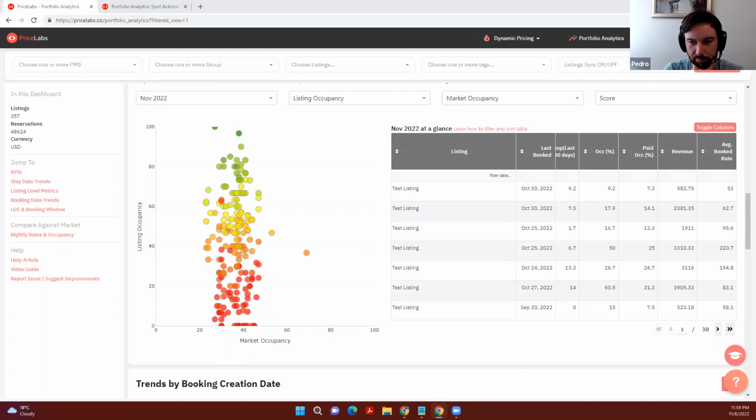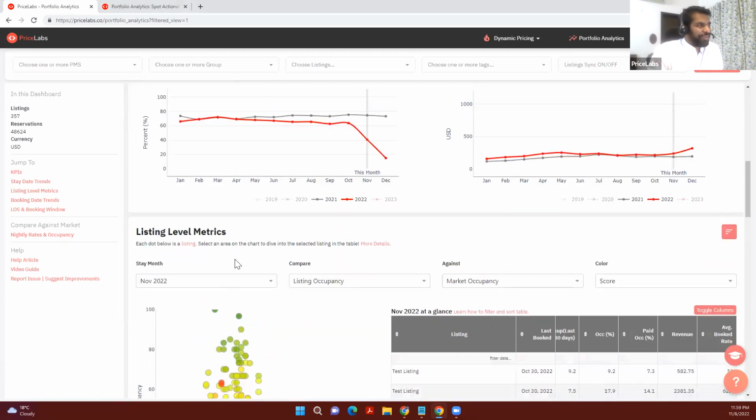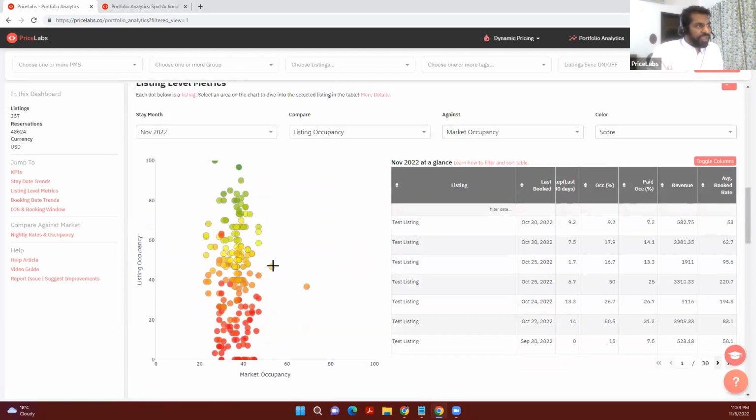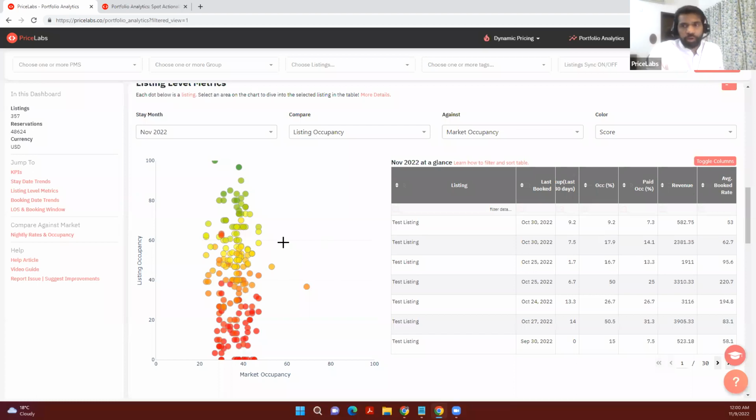Yeah. Got it. Cool. Let me quickly dive into the listing level metrics graph. This is complicated, but an extremely powerful graph. I only recommend this if you have decently large portfolios. What you're looking at here is listing occupancy. Each bubble is a listing, and in this account I have thousands of listings.